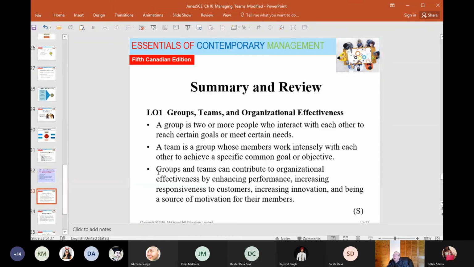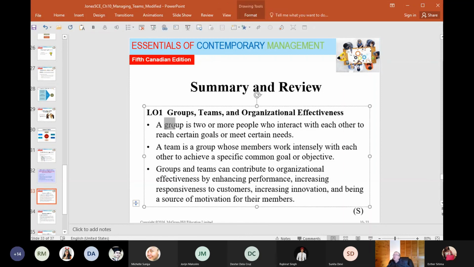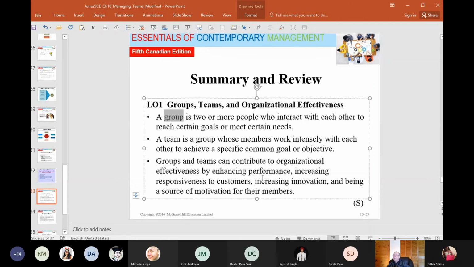All right, so we're going to summarize some of the key points we have seen today to complete our meeting. Okay, well, there are differences between groups and teams, and groups and teams can contribute to organizational effectiveness. We say can because it's not automatic.